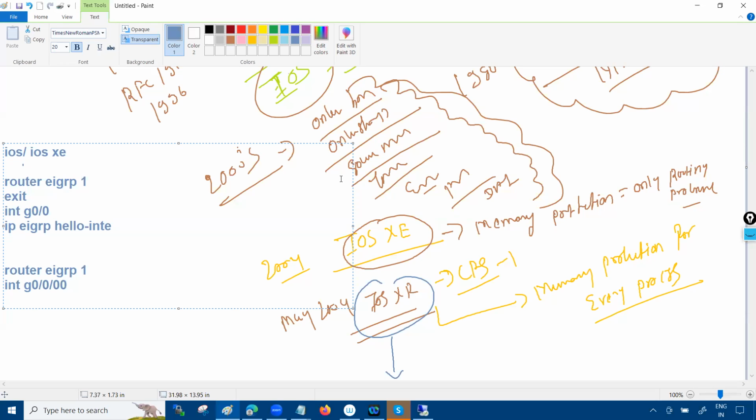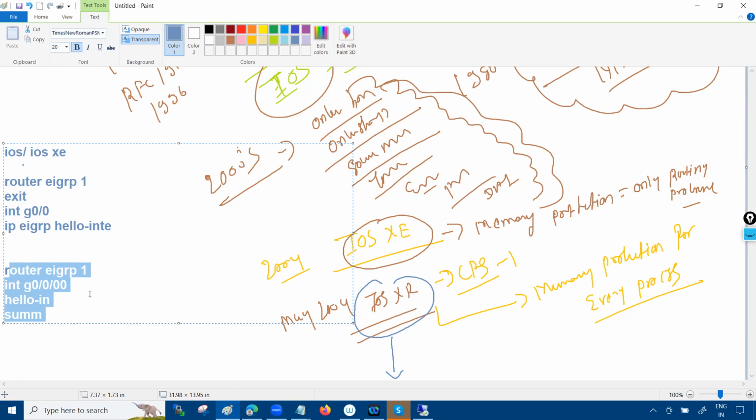If you change the hello time, you change it there. If you do summarization, you do it over there. You don't need to change modes. Can you see that? I was changing the mode, exiting, then coming into this mode. Over here, we do not change the mode. So it gives you 100% hierarchy, which is not possible in IOS and IOS XE.